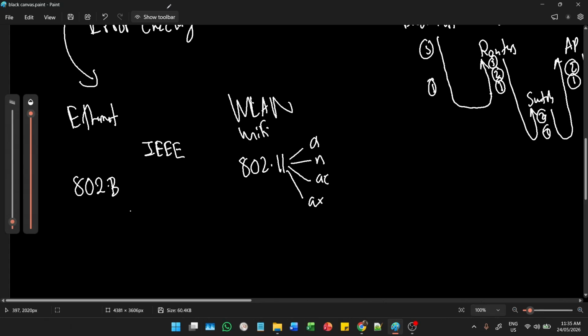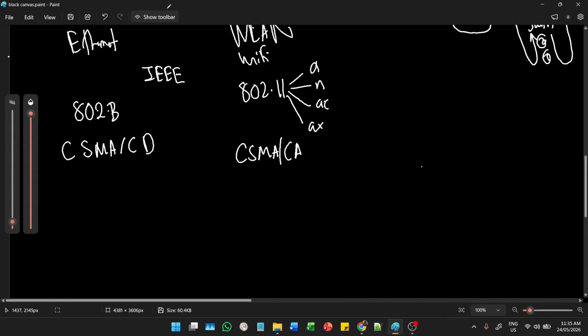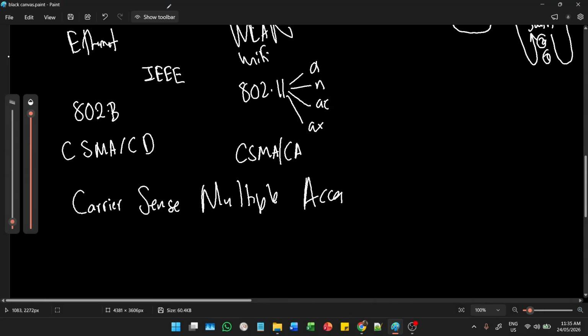Well, along with these standards, there's something else known as collision detection, which is CSMA/CD, and CSMA/CA, right? So what does CSMA mean? CSMA is carrier sense multiple access.